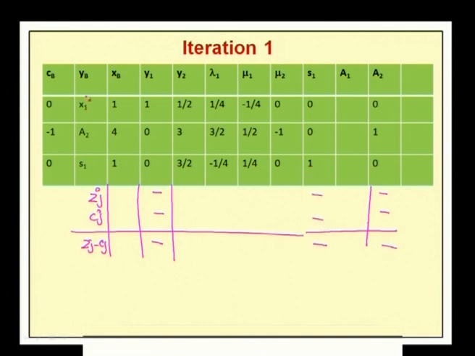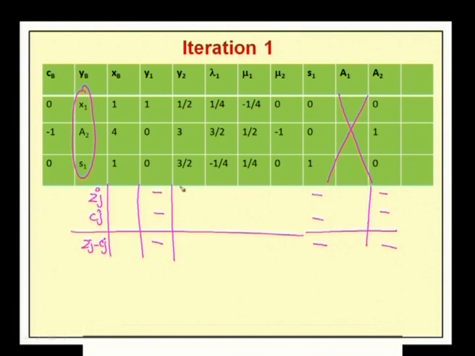Since x1, a2, s1 are in the basis, the zj minus cj values for those variables are 0. Since in the previous table a1 leaves the basis, in iteration 1 we no need to compute the value for the a1 variable.